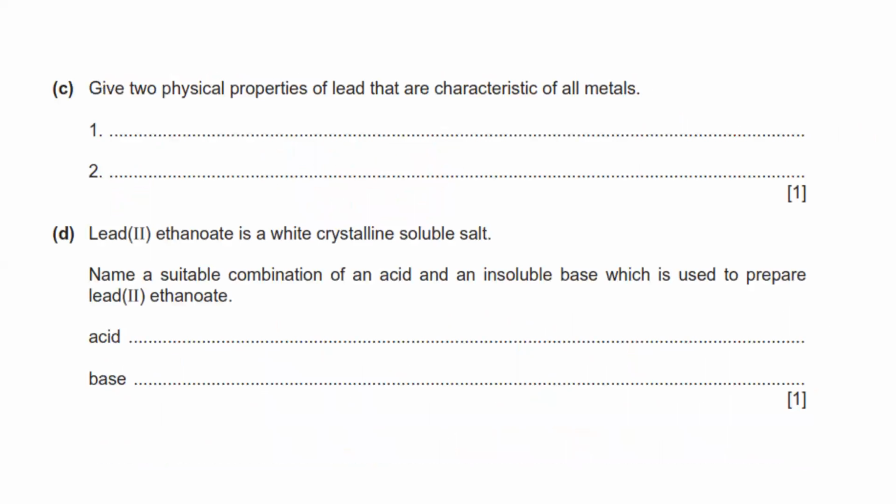So moving ahead, it says two physical properties of lead that are characteristics of all metals. All metals are malleable, ductile, good conductors of electricity, good thermal conductors. All metals are shiny. So there are multiple properties. You just simply cite malleable, ductile.